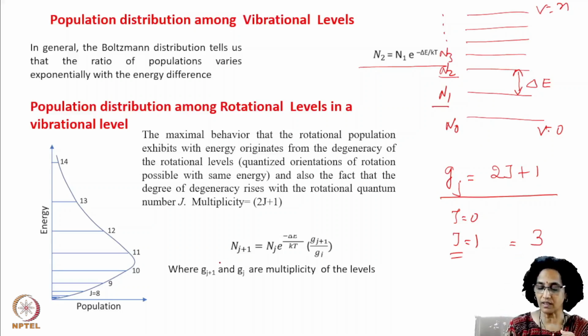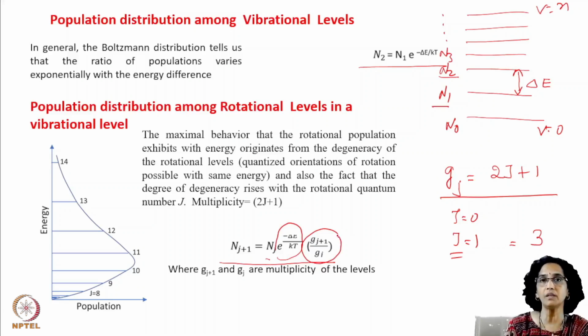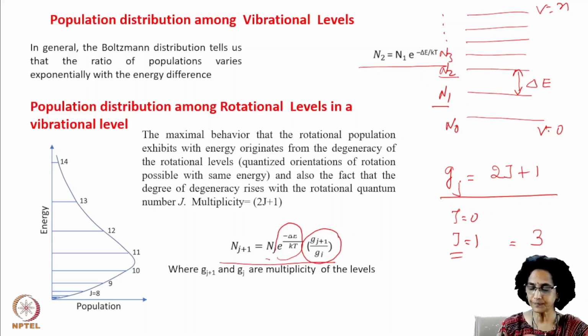So the population in any J level, in terms of J, has this factor, exponential of minus delta E by kT, which follows the Boltzmann distribution. And there is this additional factor which comes from the multiplicity, or the degeneracy, of rotational levels.